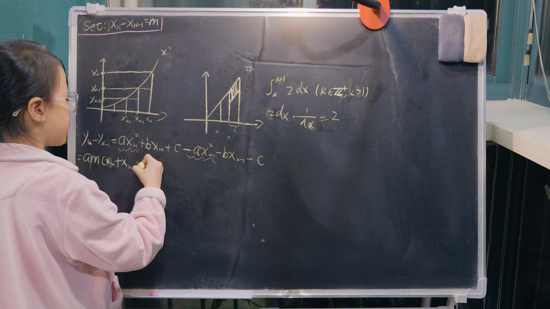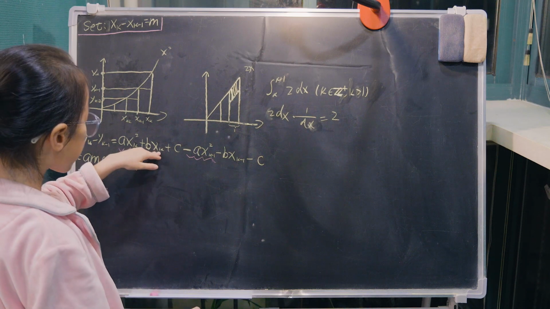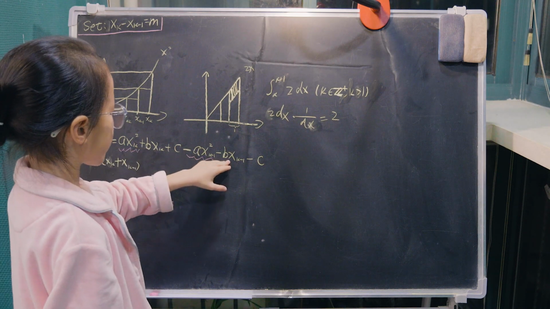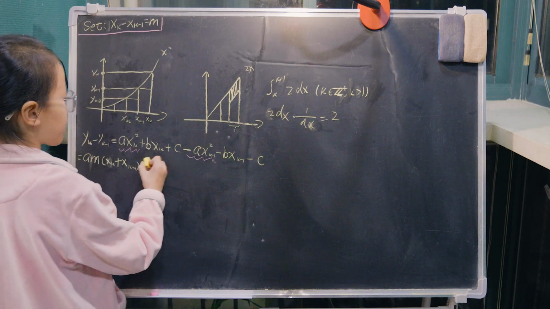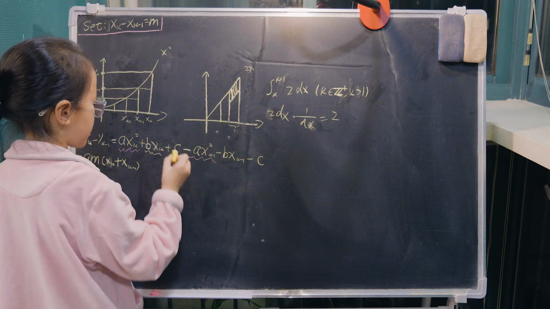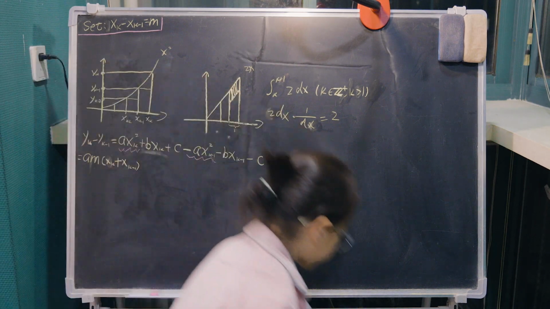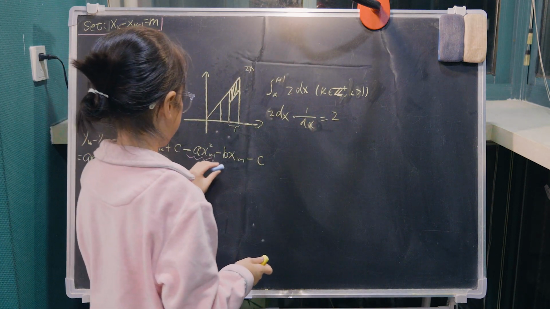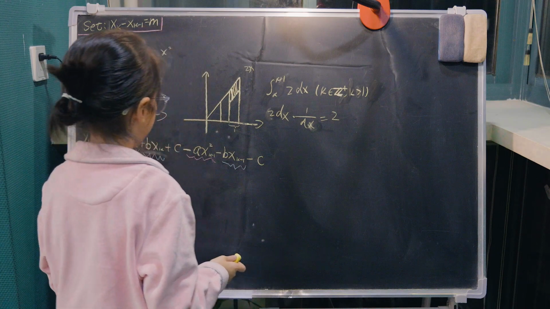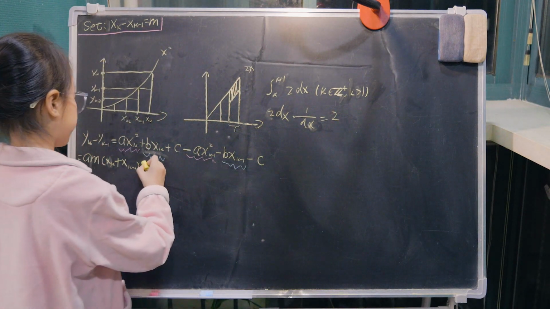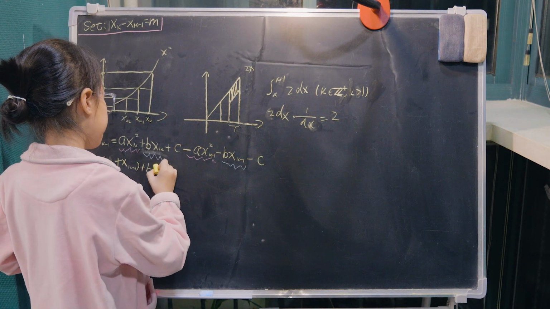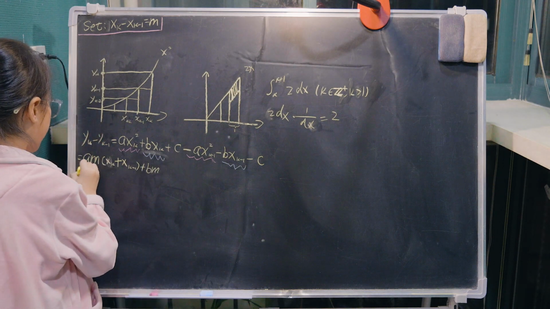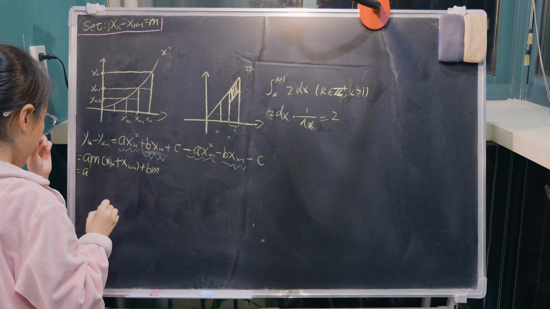And then, you see, because in these two parts, we can factor out b, so bm, right? And they are equal to a what?